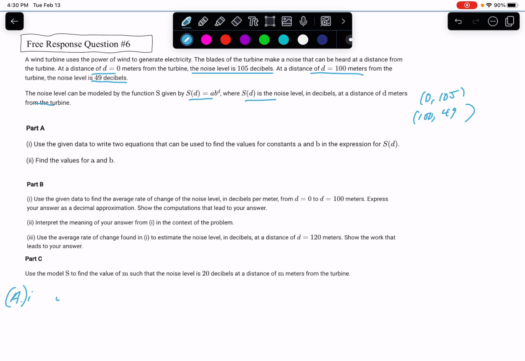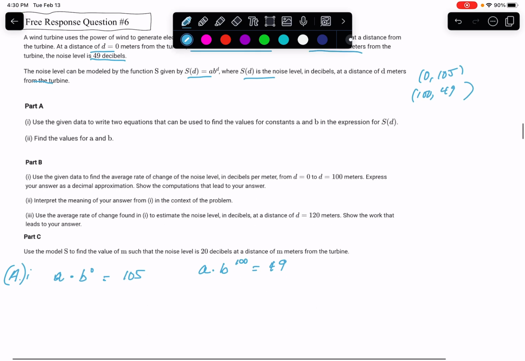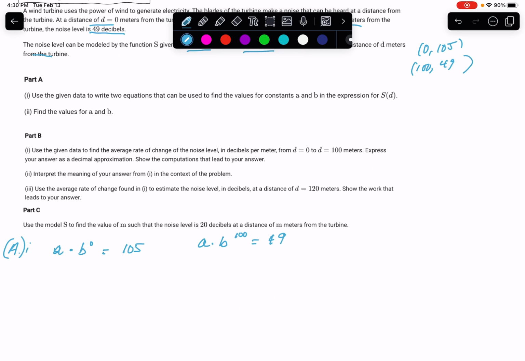So first, A times B to the 0 equals 105, and A times B to the 100 is equal to 49. So how do we find the values of A and B? Well, anything to the 0 power is 1, so A is equal to 105.